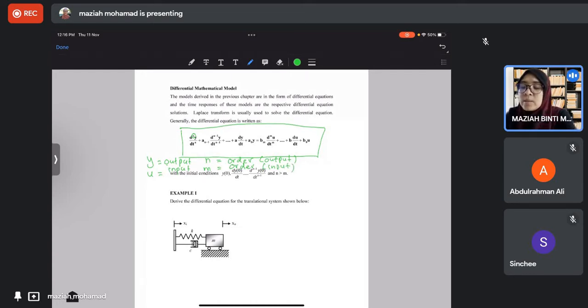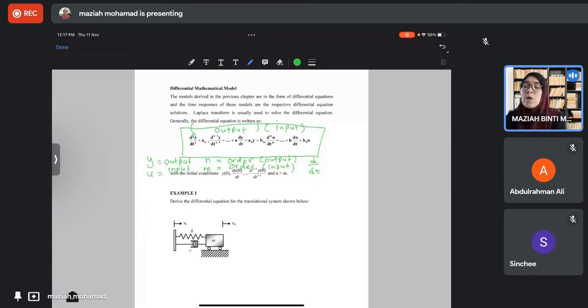Of course, we have d per dt there, differential, because this is a differential equation. Right, that's it. This is the ODE. You can see in the ODE normally one side we have the output, and on this side here we have the input.